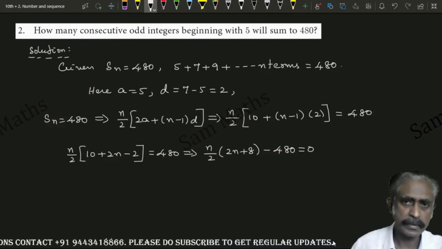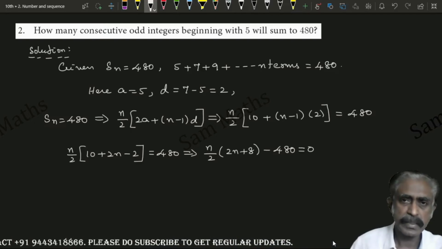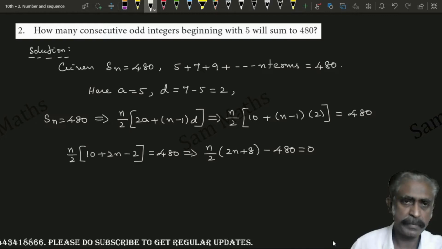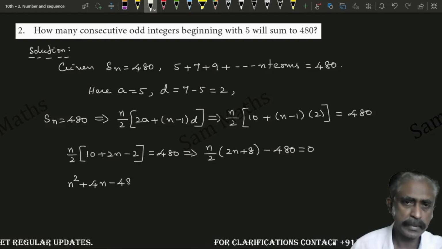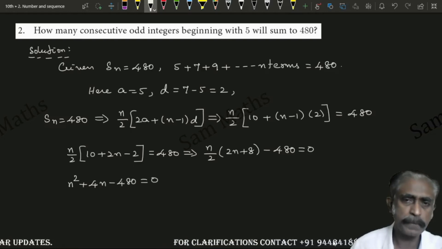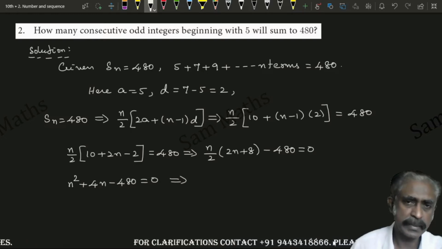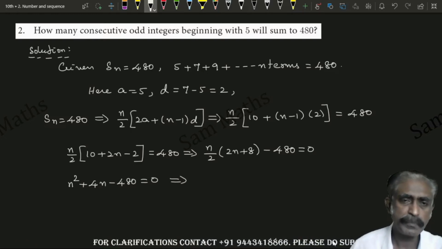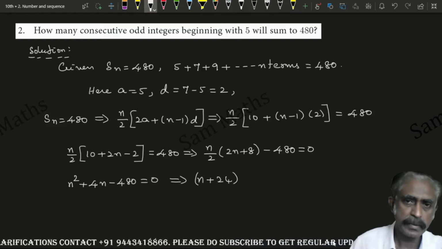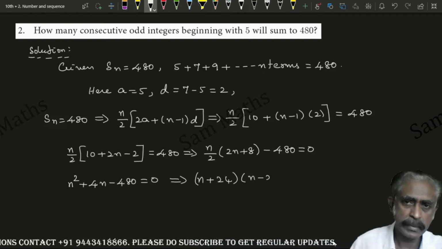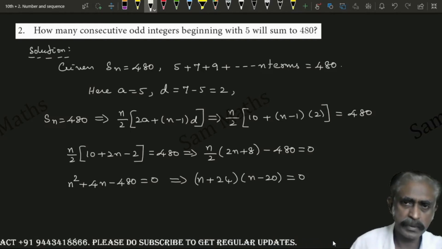This we can write as, 2 we can take outside and cancel. It becomes n square plus 4n minus 480 equal to 0. This we have to factorize. We are getting (n plus 24) into (n minus 20) equal to 0.